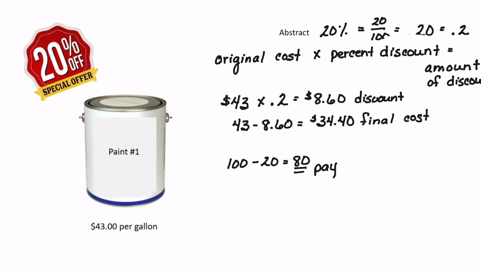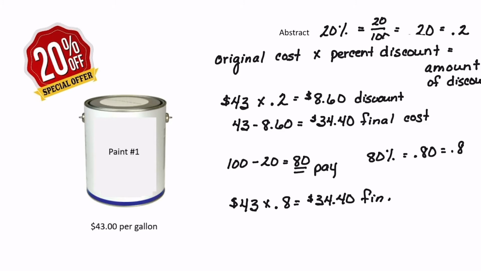Instead of multiplying times 0.2, I'm going to change that 80% into 0.80 or 0.8. So again, I'm going to do 43 times 0.8 equals $34.40. This is my final cost.